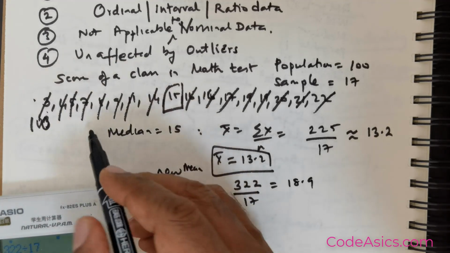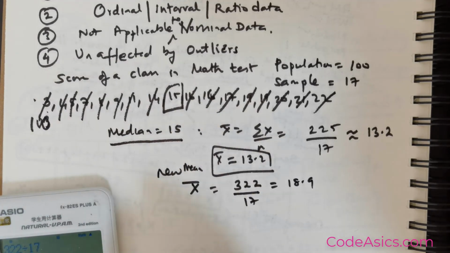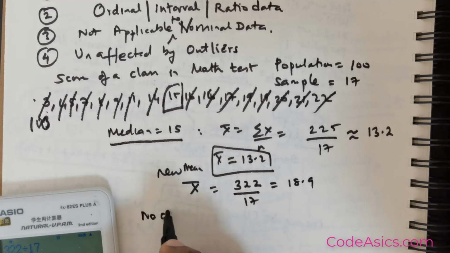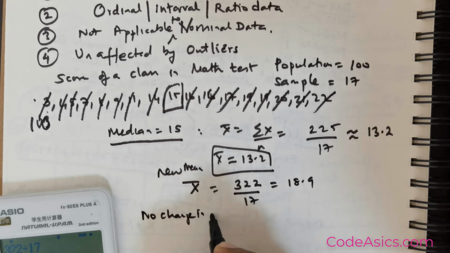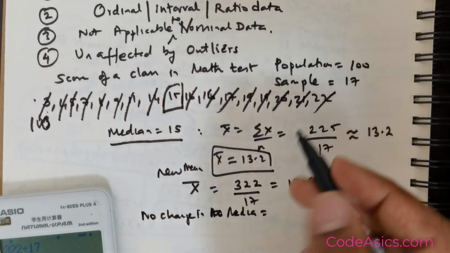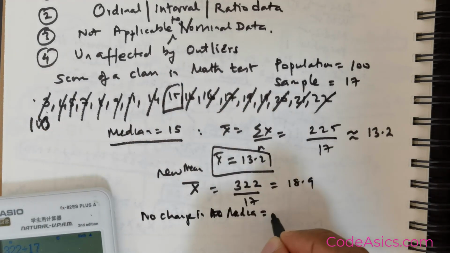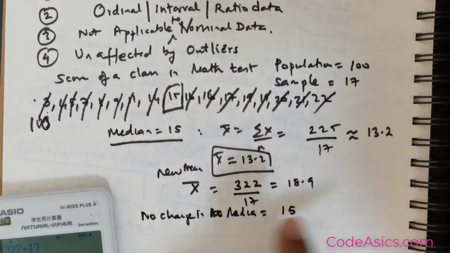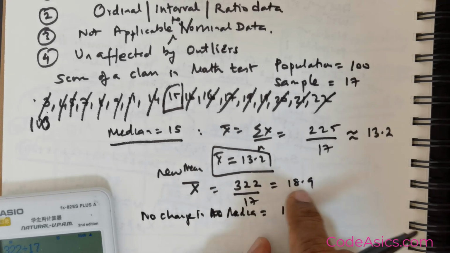Now, do you think the median will change? No. No change in the median, because of the way in which the median is calculated. So the median will remain 15. Now there is a huge difference between 15 and 18.9.